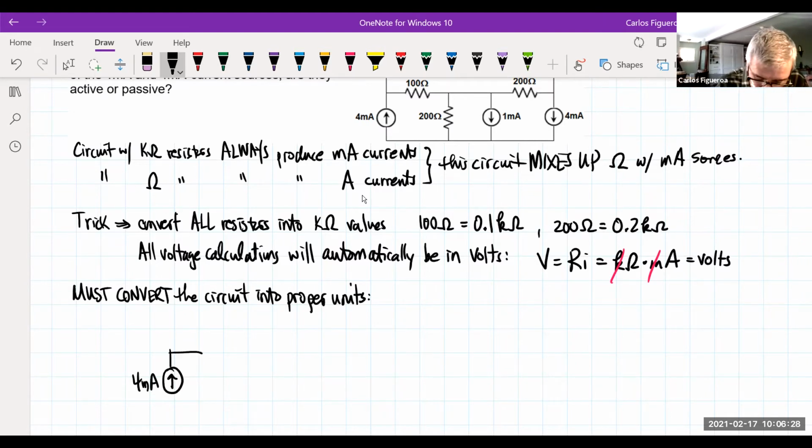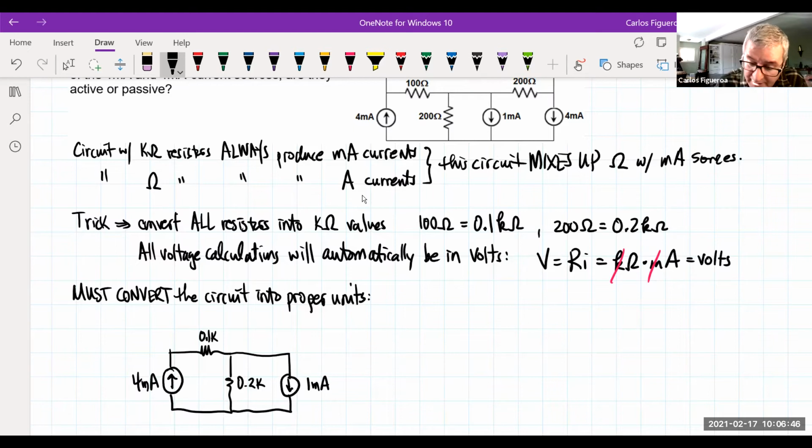And then I have my resistor, which is 0.1 K. I have my other one, which is a 0.2 K. And then I have my 1 milliamp. And then I just keep going along until I convert everything.